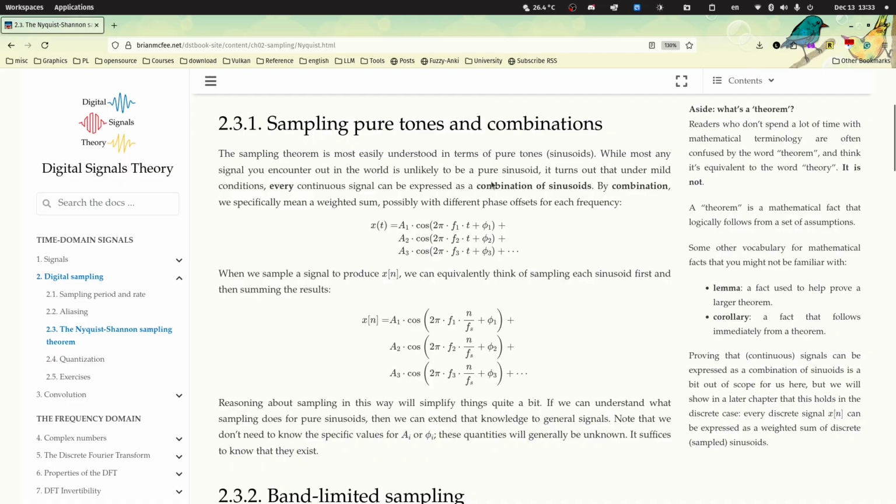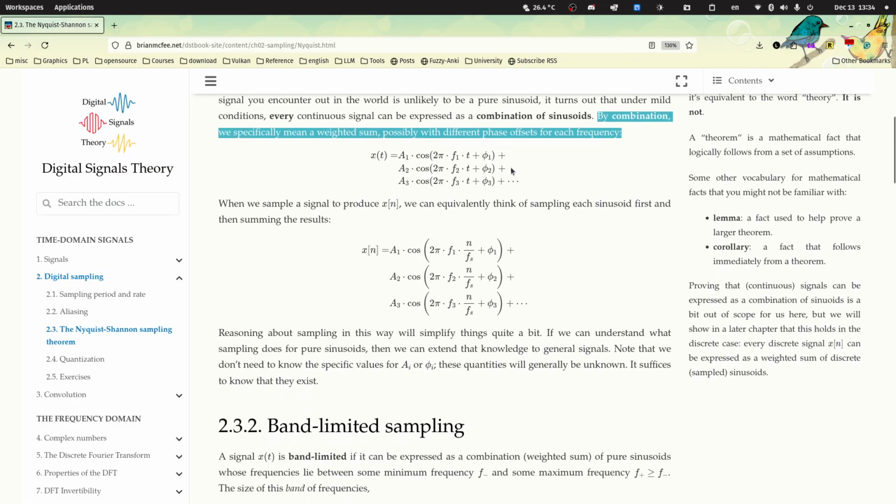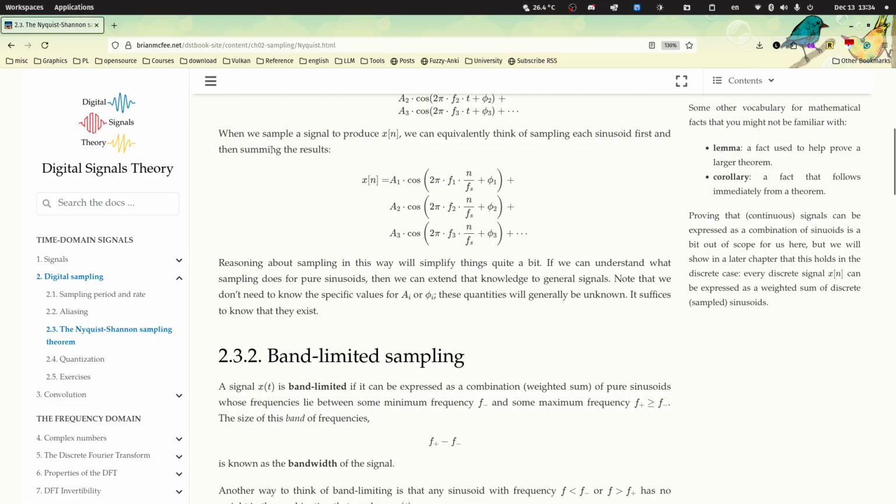Most signals you encounter in the world are unlikely to be a pure sinusoid, but it turns out that every continuous signal can be expressed as a linear combination of sinusoids.